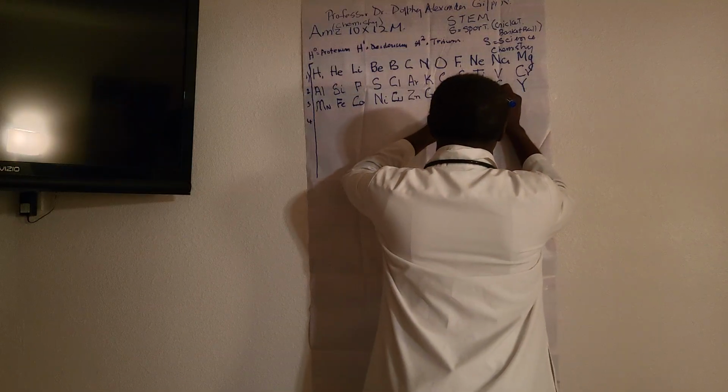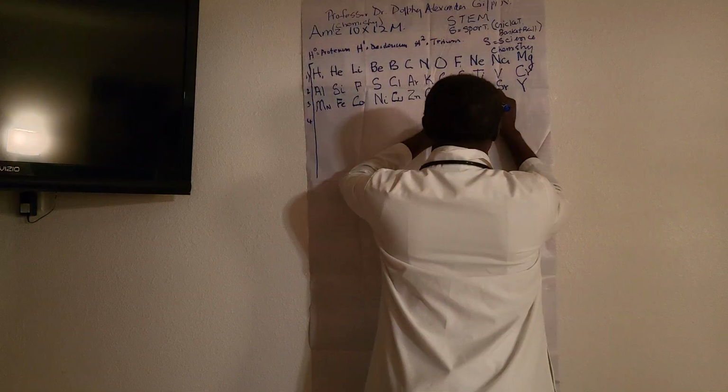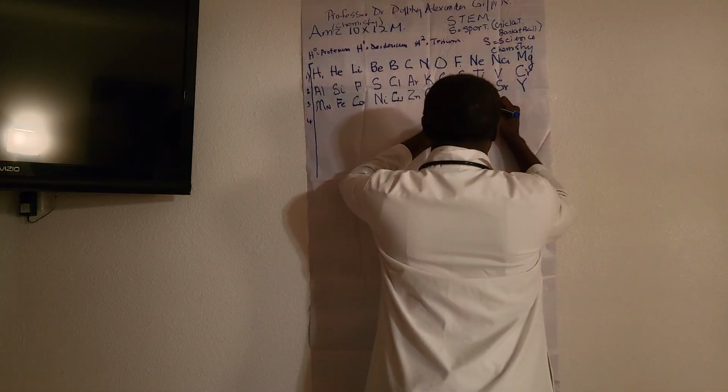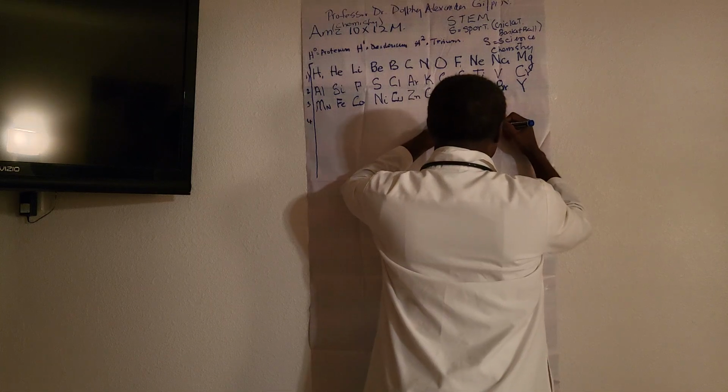Let's see if we could do it here without making a mess. 34, selenium. 35 should be bromine. Yes. And 36, krypton.